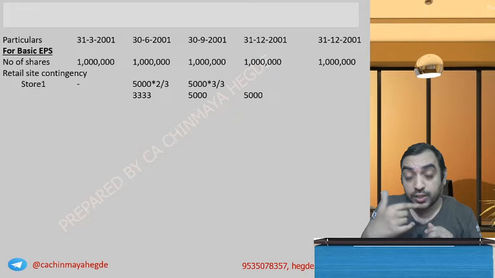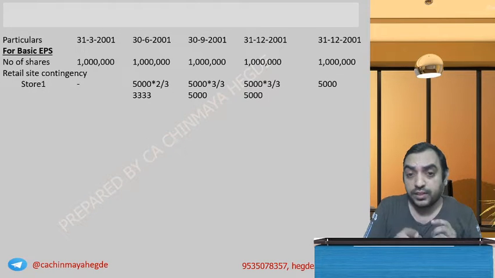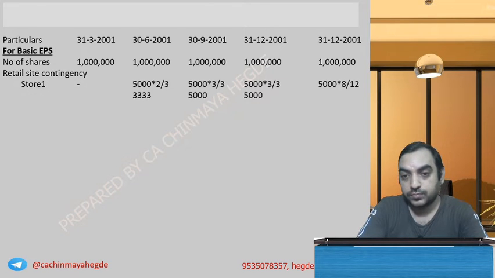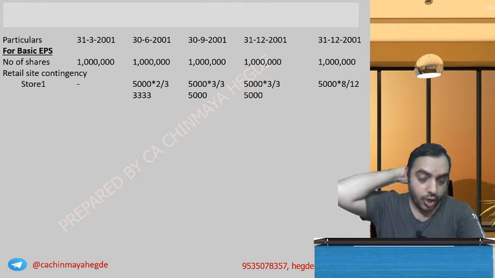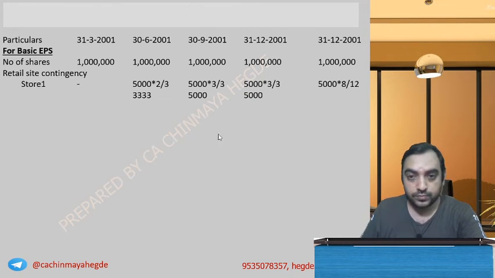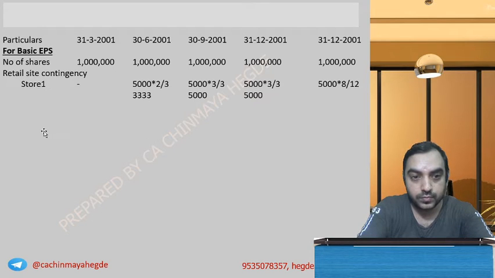From May to December: 3, 3, 6, plus 2, that is 8. 8 out of 12 months, which gives 3,333.